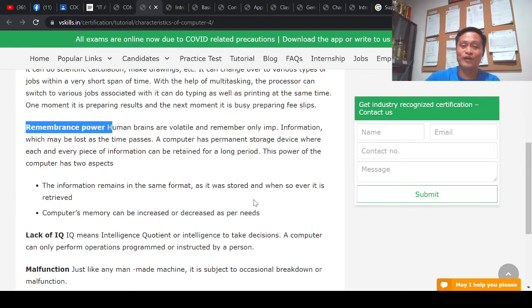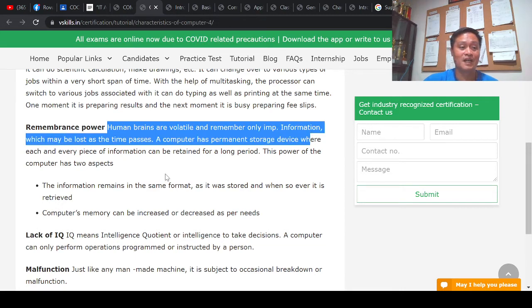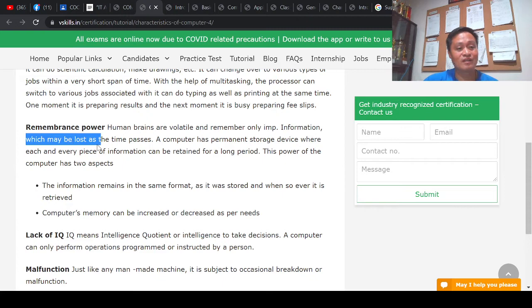It will store something and it will not be erased, assuming there weren't any processes in there. Now, human brains are volatile and remember only important information, which may be lost as time passes. That's us.